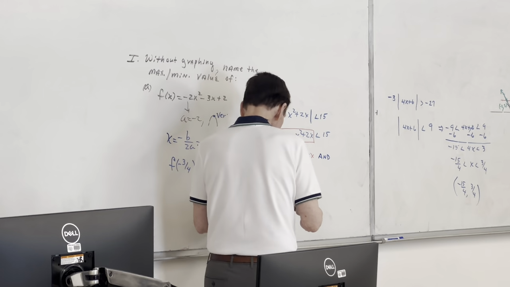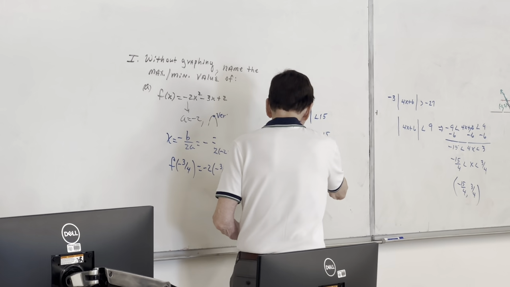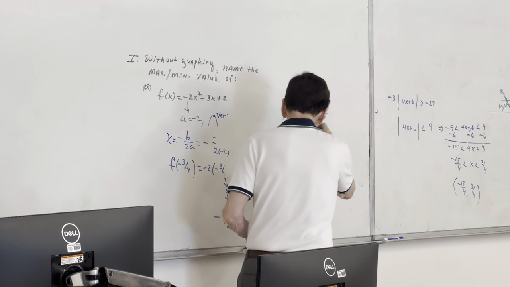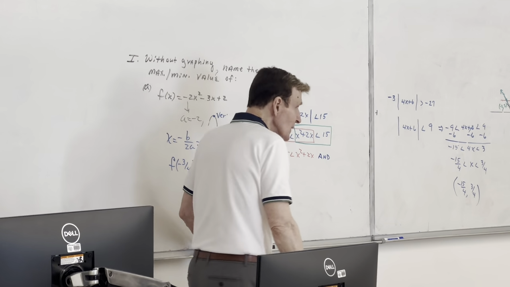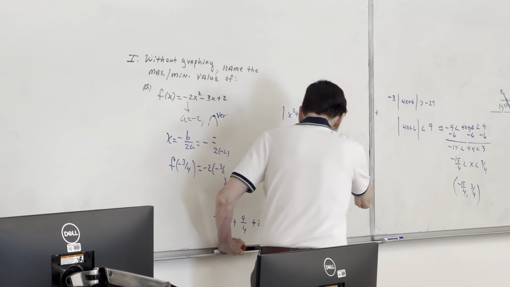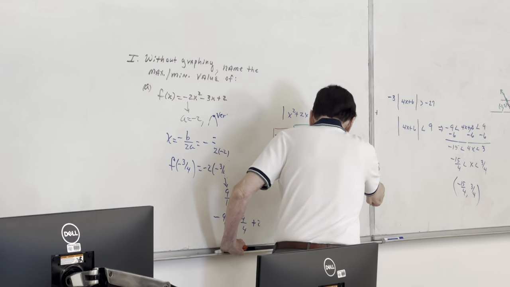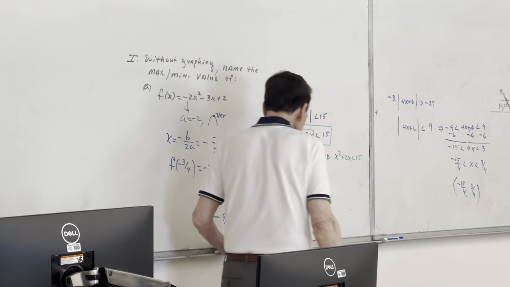And there's a second piece. Let's put the second piece in green, which says x squared plus 2x, when I separate it, is less than 15.